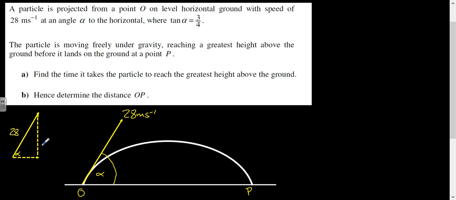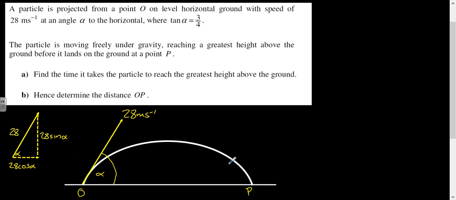I look at the vertical one first and realize that this is opposite the angle, and so I have 28 multiplied by sine alpha. Then I look at the horizontal one and realize this is adjacent to the angle, so I have 28 cos alpha. So a general rule of thumb, in the majority of questions you're going to do here, your vertical component is always going to be the velocity multiplied by sine, and the horizontal is always going to be multiplied by cosine.